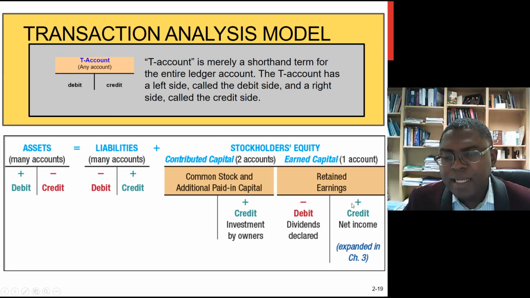What that implies is that increases in liabilities are recorded on the credit side, or the right hand side. Increases in common stock are recorded on the credit side. Increases in retained earnings are recorded on the credit side.